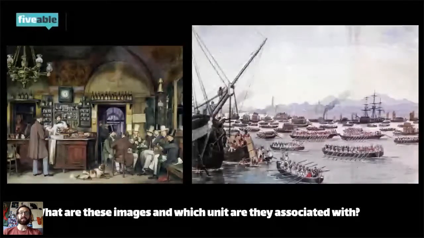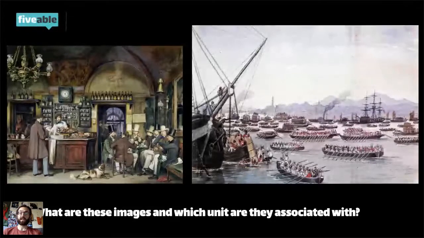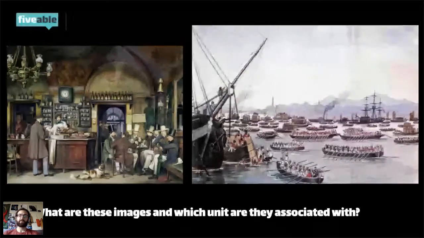Rin is correct. That's actually an English coffee house on the left, and a tea house on the right. Does anyone know what the scene on the right might be from? You got Unit 5, 6. That's correct. It's got naval ships, Great Britain. Oh, Opium Wars.